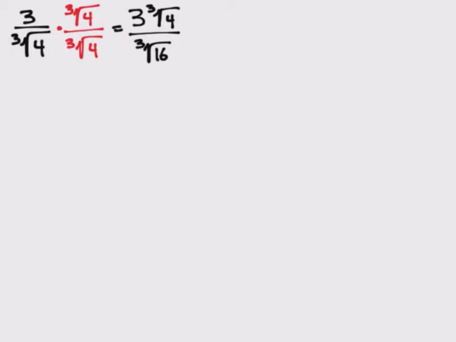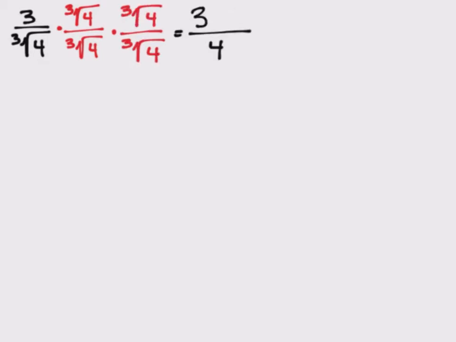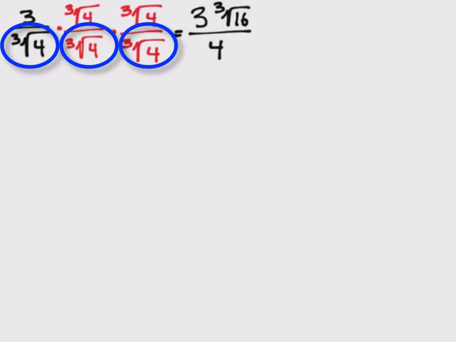So in this case, what we actually had to do is if we wanted to use the third root of 4, we had to multiply the original fraction, its numerator and denominator, by the third root of 4 twice. And remember, by definition, with a cube root, you have to multiply it by itself 3 times in order to get 4 in this case.